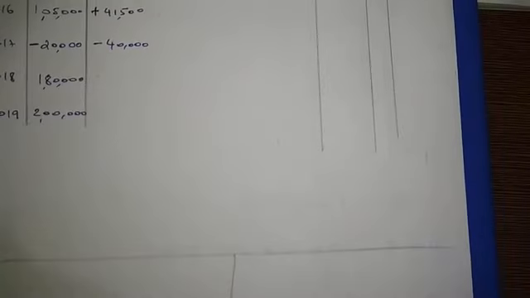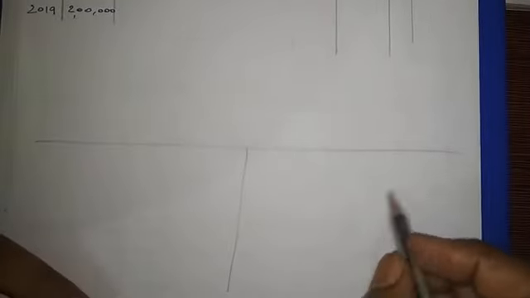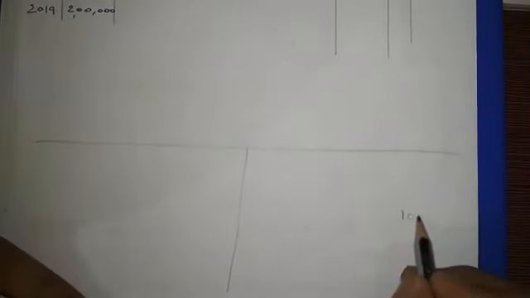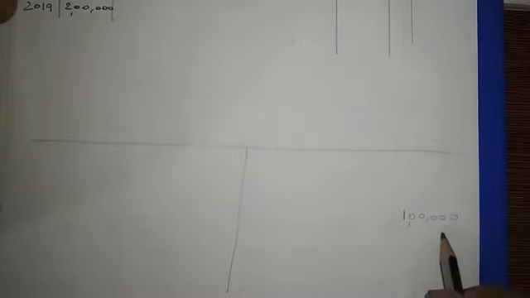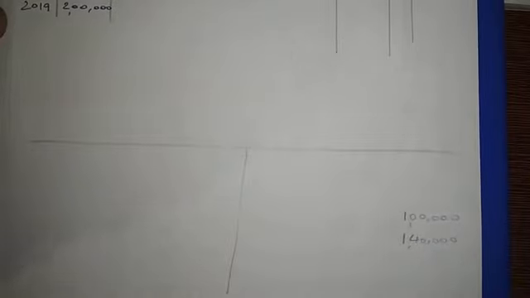Closing stock we are taking this side. Suppose the correct amount of closing stock was 1 lakh. And instead of that, if we took a closing stock value of 1 lakh 40,000, then what will happen? 40,000 rupees more we write.